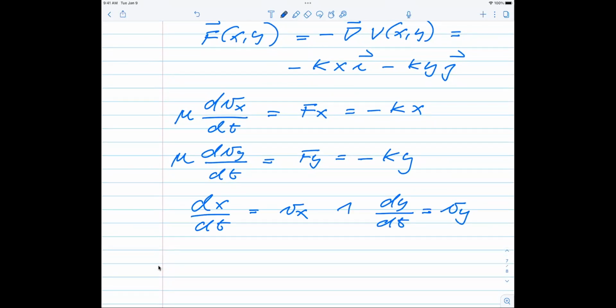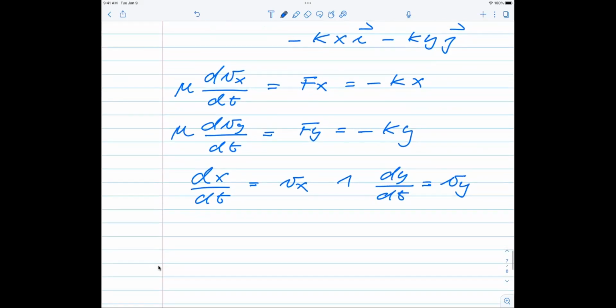So in this case, we actually have two equations in x and y which do not depend on each other. You can see that because the equation in the x direction has no y dependence, because the force in the x direction is simply minus k times x. There is no y dependence there. And we can then find the solutions immediately, as we did before in the previous weeks.